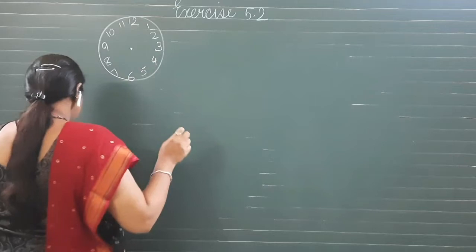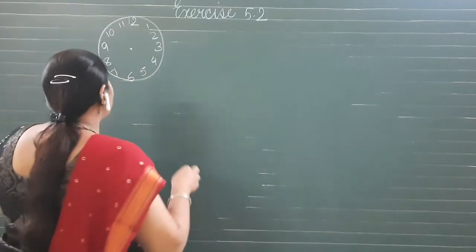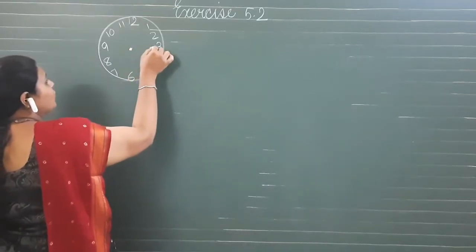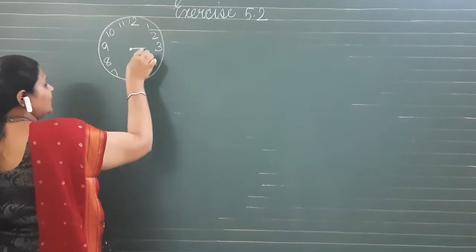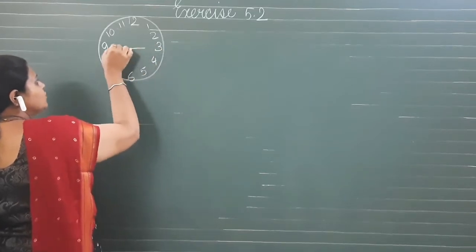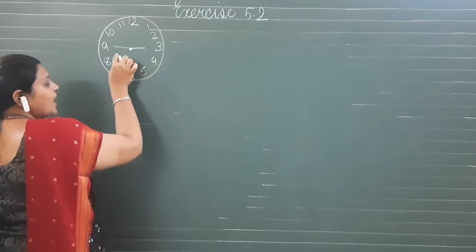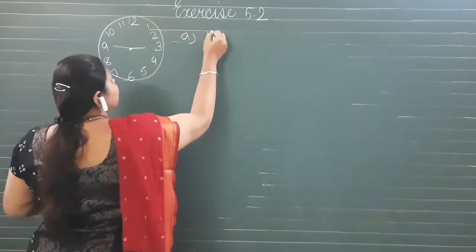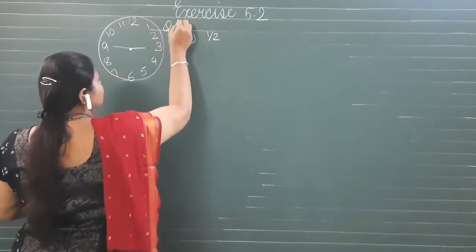Now let us see, first question is 3 to 9. Now it is at 3, it is going to 9. So what revolution it has taken? Half. So we can say half revolution.